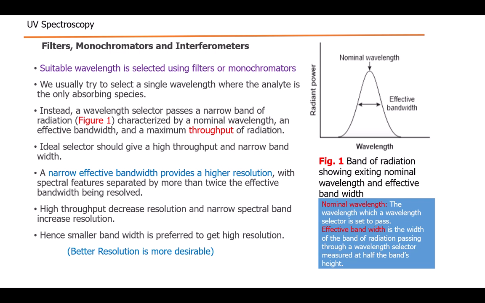Monochromatic radiations are desired for UV visible spectroscopy, and there is an arrangement to convert polychromatic radiations into monochromatic radiation. For this purpose, filters, monochromators and interferometers are used. We desire to select a single wavelength at which the analyte absorbs the radiations, but these devices are not capable of giving only a single wavelength.